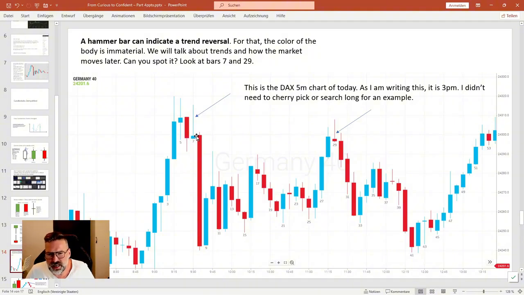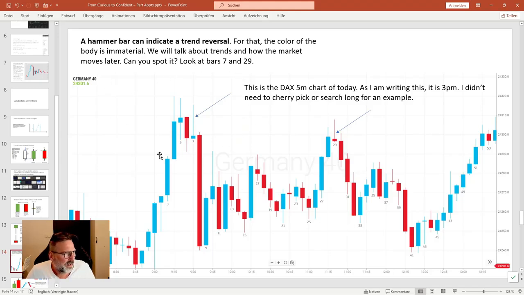Really the color does not matter if you look at it as a reversal pattern. The market went up, then came that inverted hammer, and then it went down again. Same here, it went up, there was that hammer, then it went down again, right?